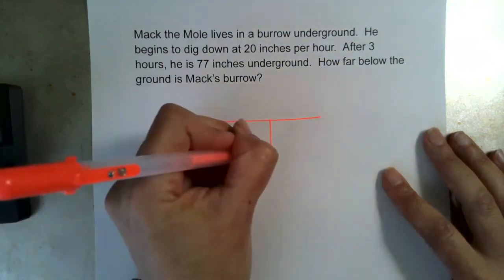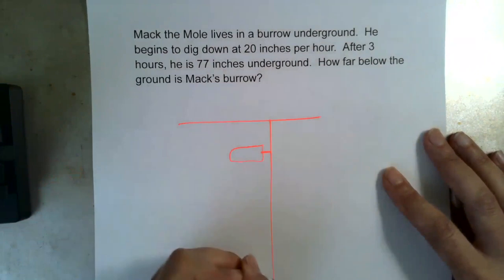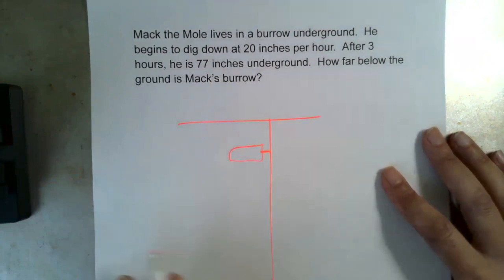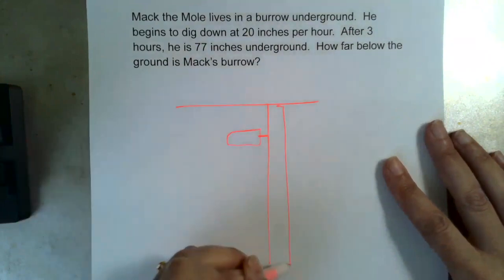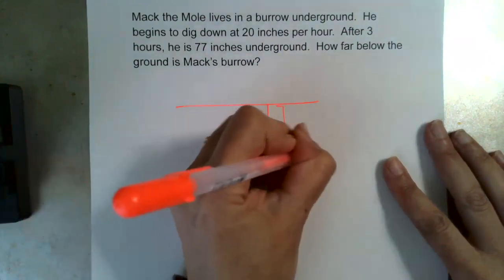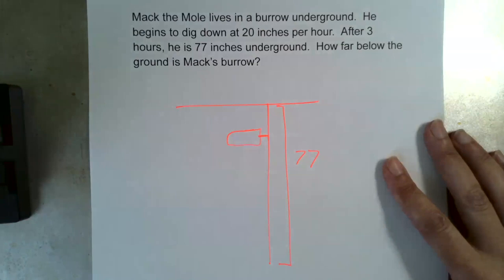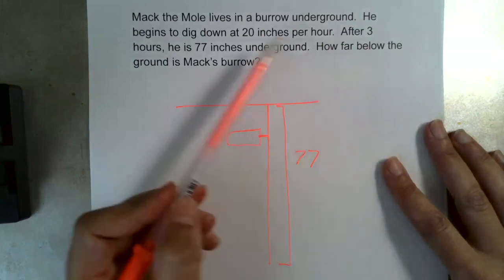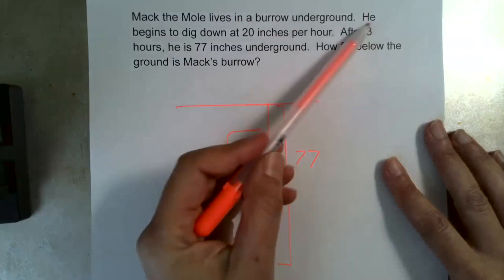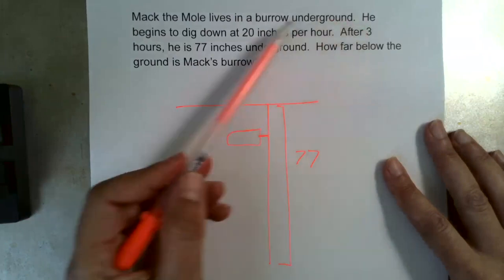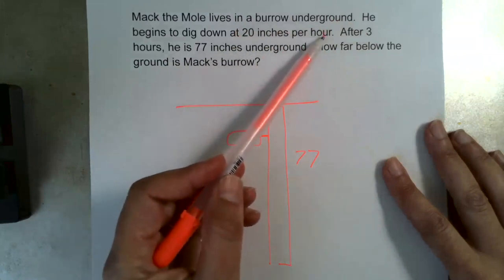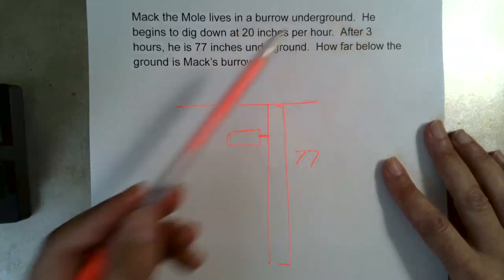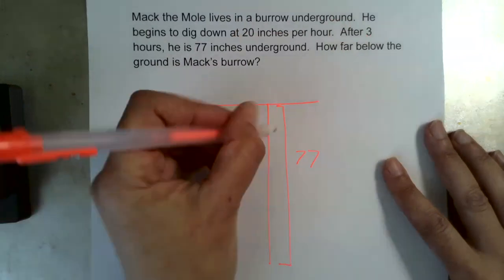And then we know that after 3 hours, he is a total of 77 inches underground. Now, we also know that he dug for 3 hours and he can dig 20 inches per hour. So how many inches has he dug in 3 hours?